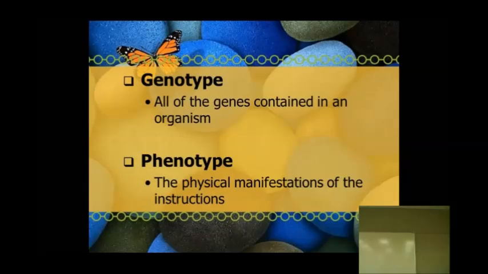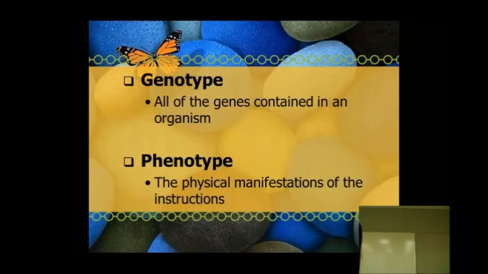So when looking at our genes, we can look at them in one of two ways. We can look at the genotype, which is the actual alleles in our organism, and then we look at the phenotype, or the physical manifestation of the instructions. So if you've ever heard of big B, little b, then those B's are the genotype.